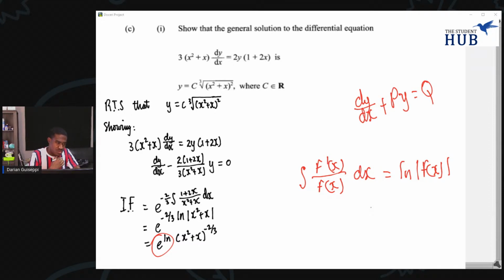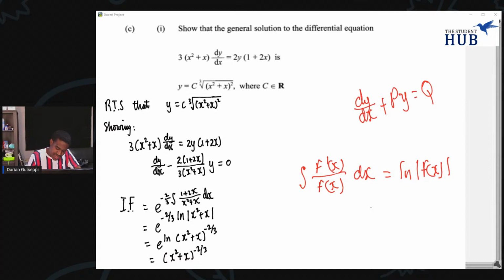And then you have this in the end here, bam. That is what you will be left with, because e to the x and ln are inverses of each other.